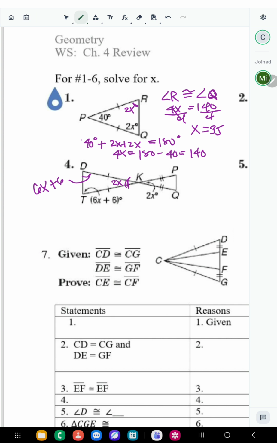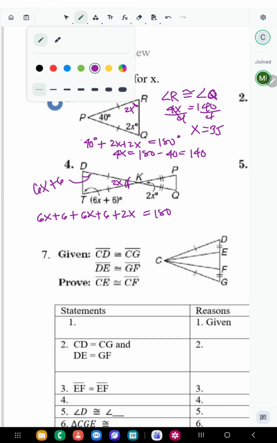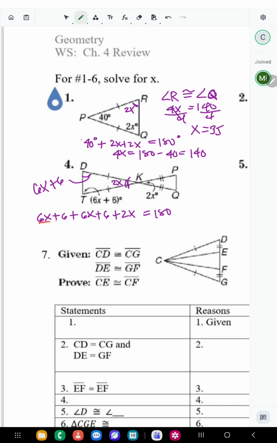Okay? Then we add them up. 6x plus 6 plus 6x plus 6 plus 2x equals 180. Then we group like terms. 6x plus 6x is 12, plus 2, that is 14x, equals 180 minus 12.